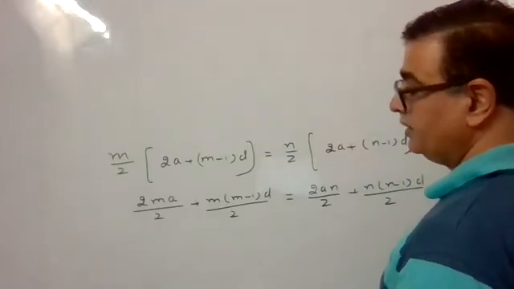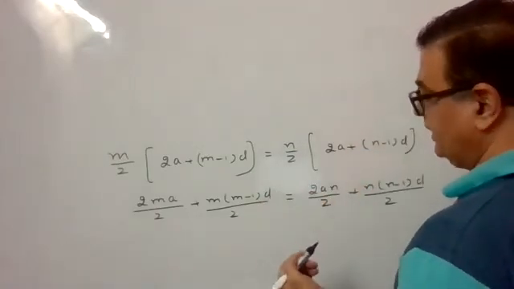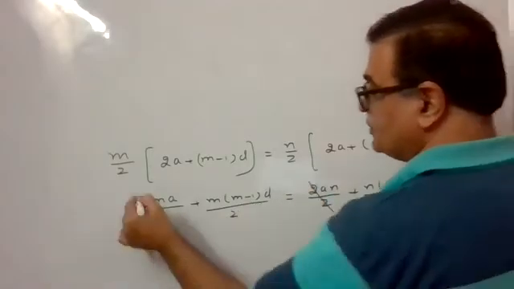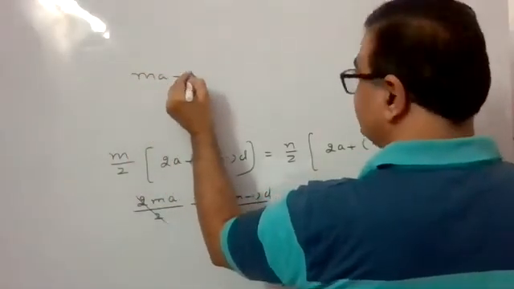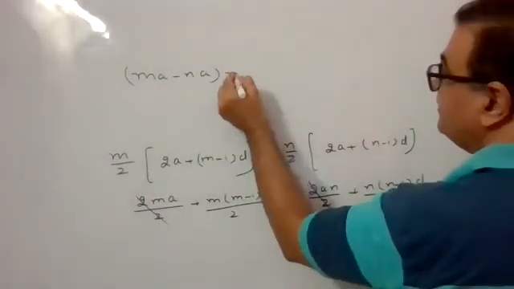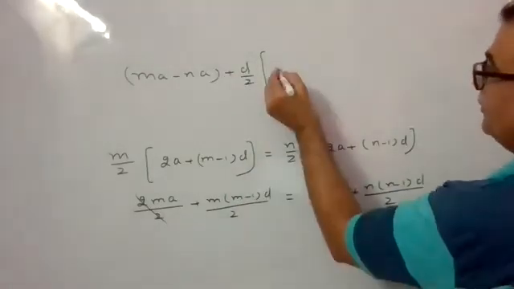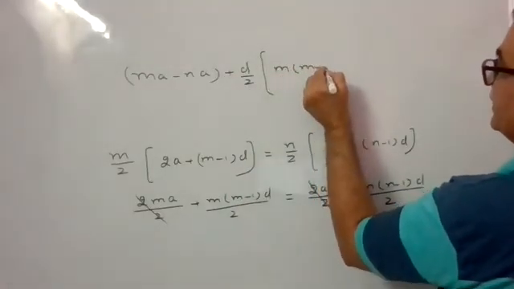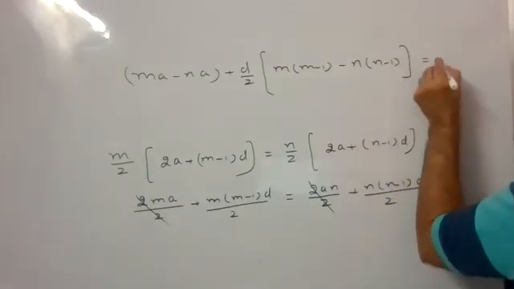Yes, the 2 and 2 were canceling at the start. Cancel 2 with 2, no problem. Now it will come out to be ma minus na, the first term. And in this term, d by 2 is common in all. So what it will come, m into (m minus 1) minus n into (n minus 1) is coming 0.